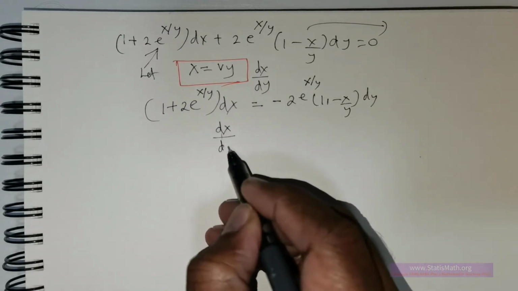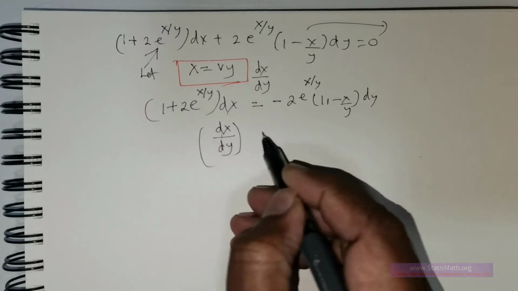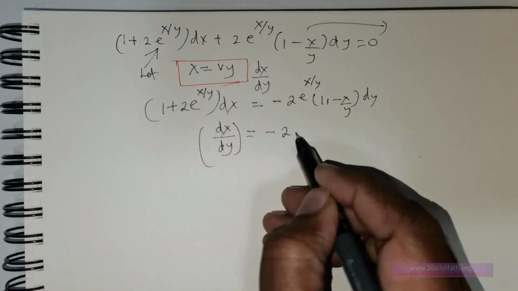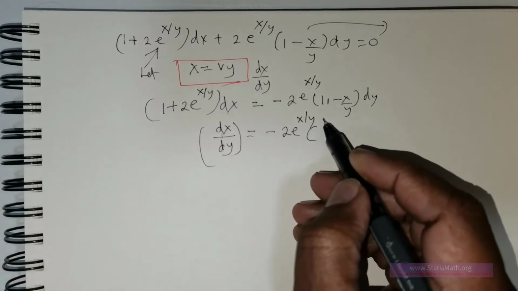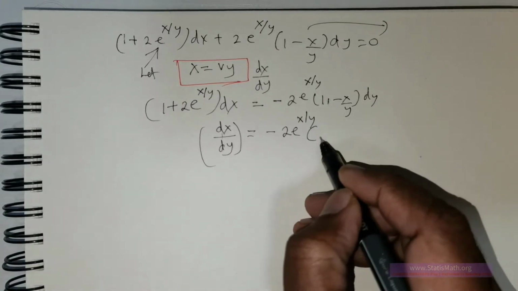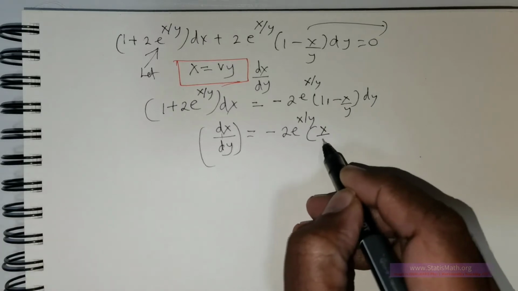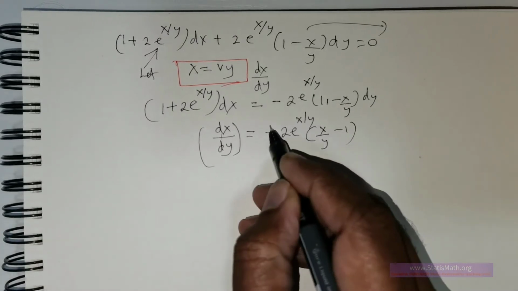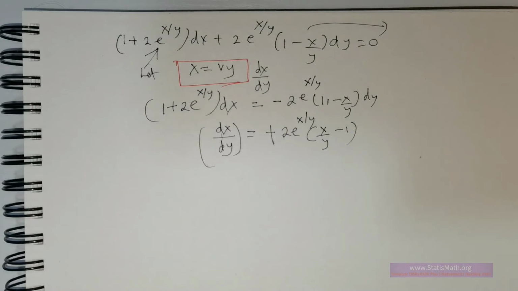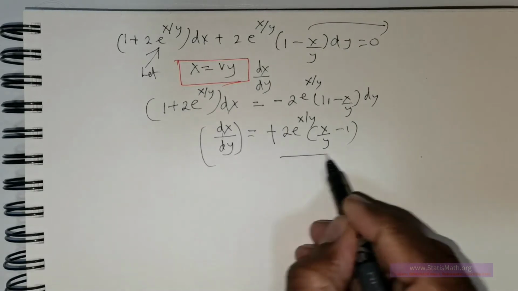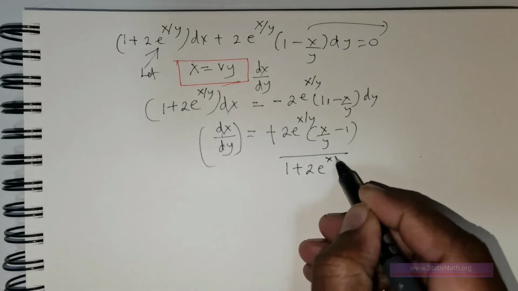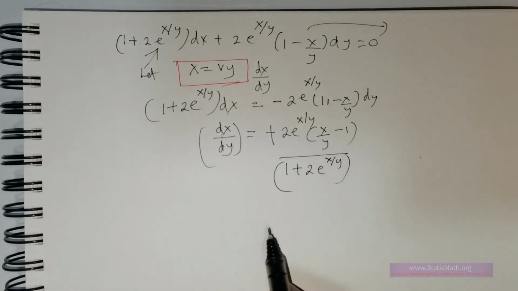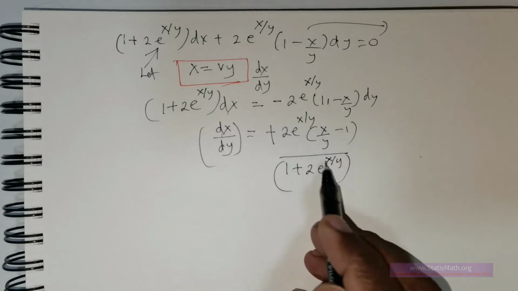That's going to be dx over dy equal to negative 2e^(x/y) times (1 - x/y). I'm going to write it as (x/y - 1), so that this becomes a positive sign. Now this has to be divided by this quantity, 1 + 2e^(x/y). So this is what you have got.